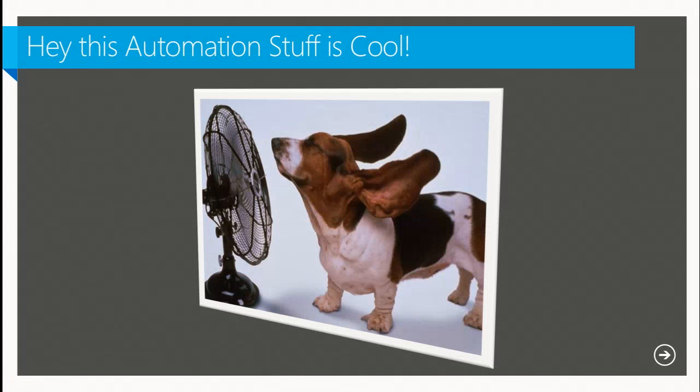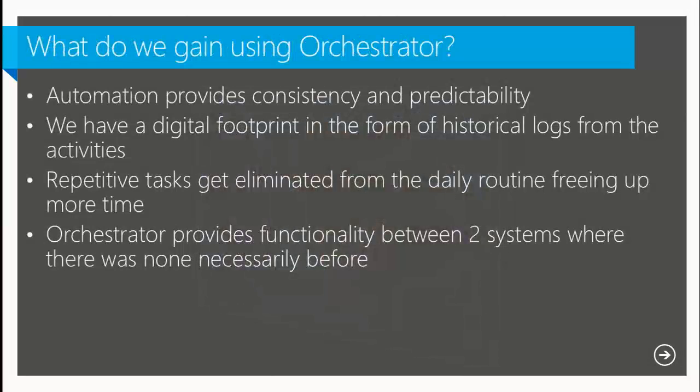That said, automation is a pretty up and coming process. I think in the story of cloud, automation is really gonna be the make it or break it scenario where the competing companies can do it or not. So when we use Orchestrator, what do we gain?